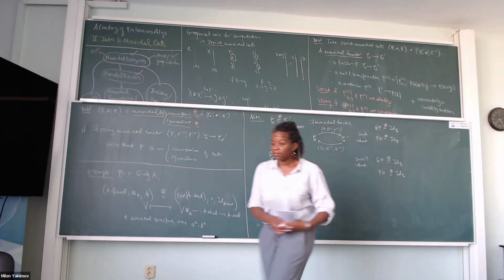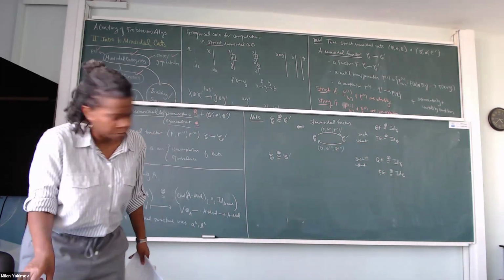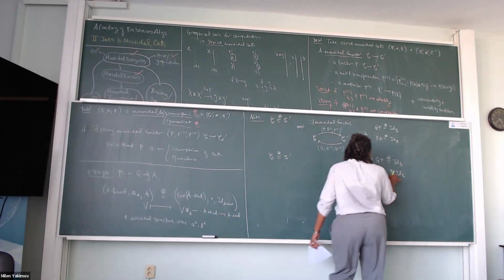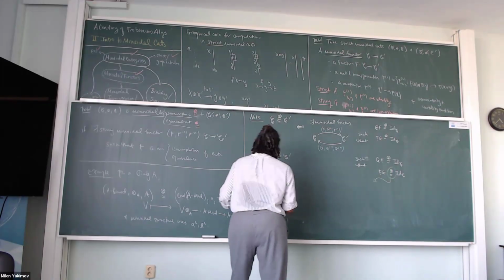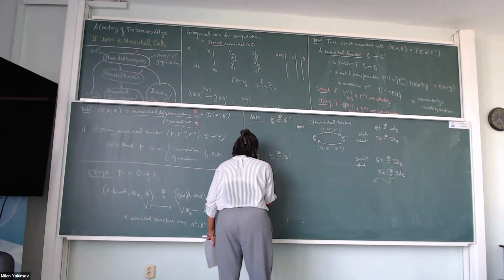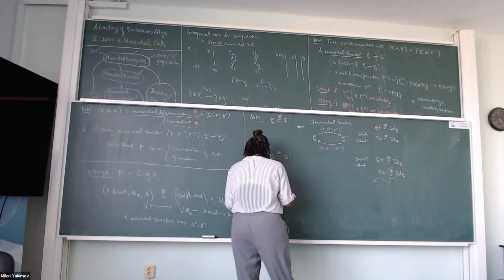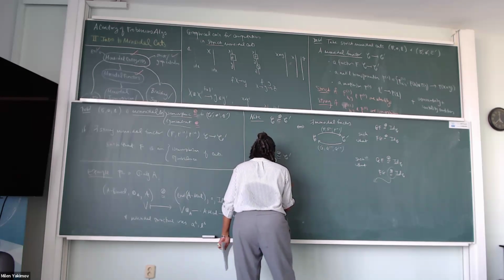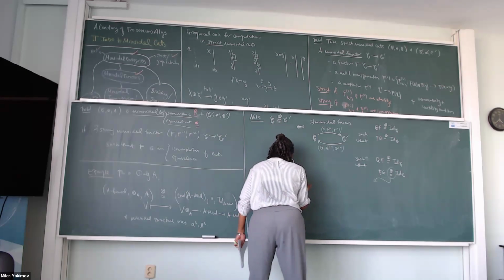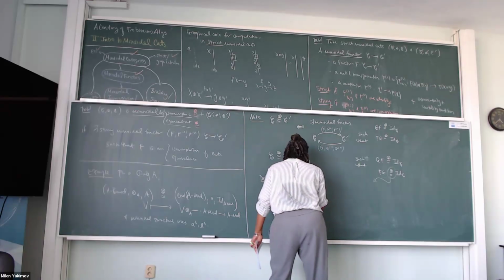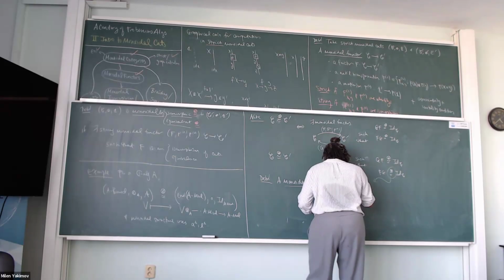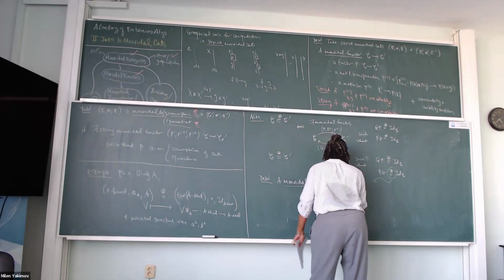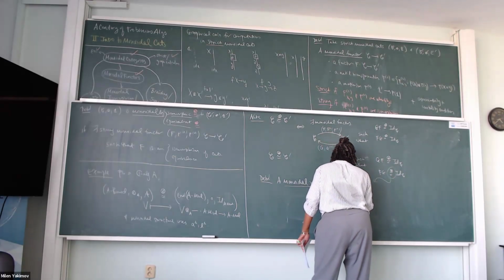So what exactly does this mean, this whole two monoidal functors being the same? For this, we have two monoidal functors, and I need to talk about a monoidal natural transformation between them, respectively isomorphism.